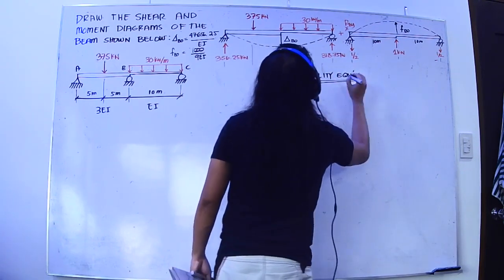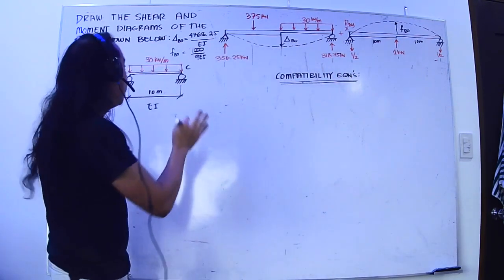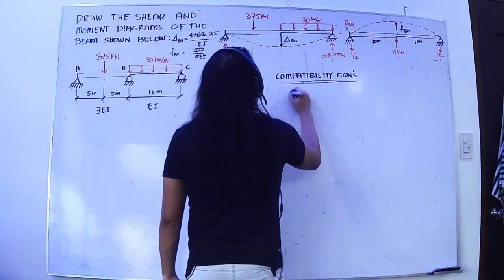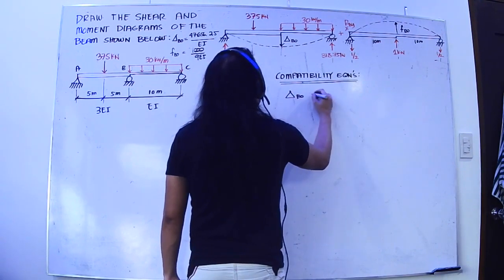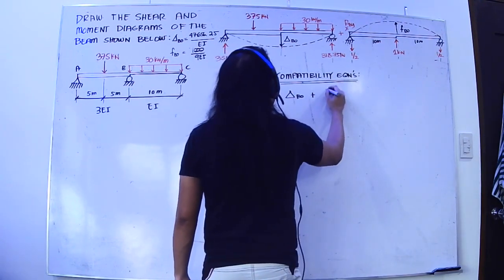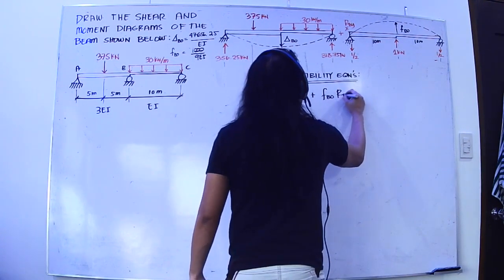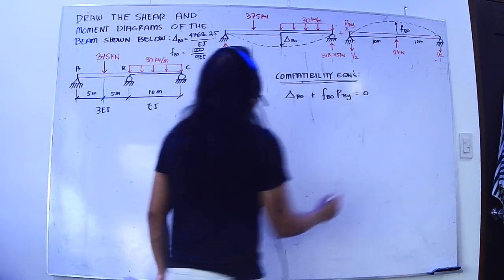Compatibility equations. Now, for compatibility equations, our BO plus FBO times RBY is equal to 0.